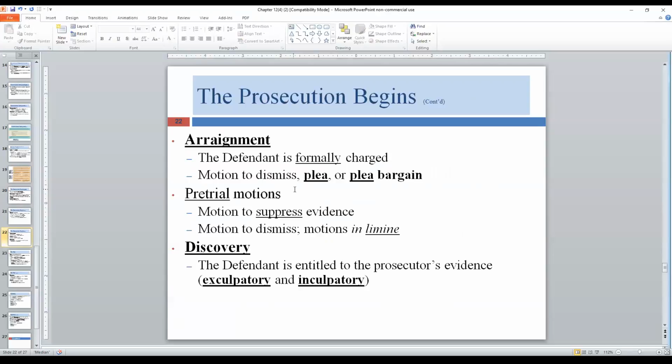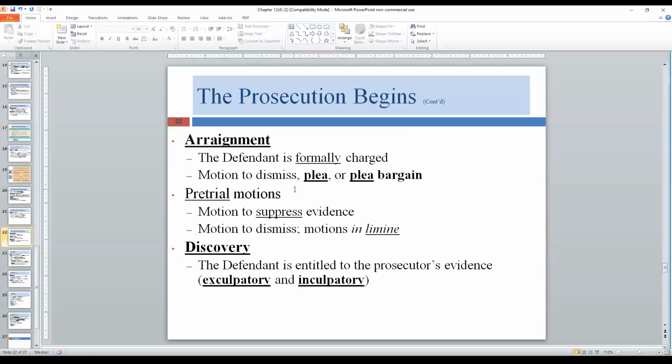Let's say there's some flaw with either the indictment or the information. Well, the defendant could say, Your Honor, there's a flaw with this, maybe a legal flaw, maybe a factual flaw, whatever the problem is, but this isn't good. Dismiss the indictment.